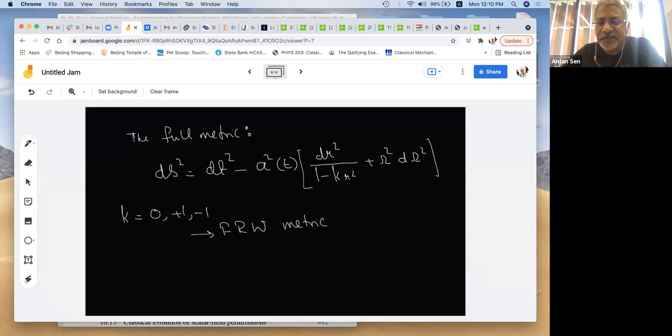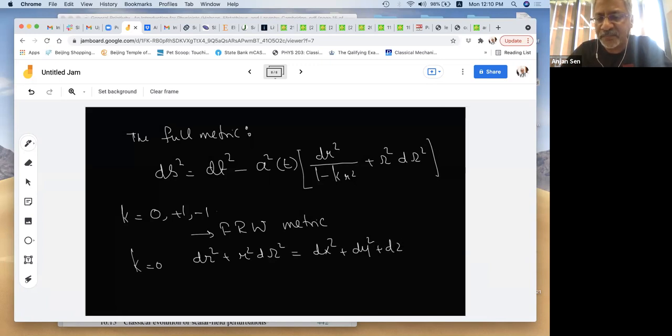So now, as you can see, if k is 0, this part is dr square plus r square d omega square. And we know that this is, we all know, fine, this is in the Cartesian coordinate.